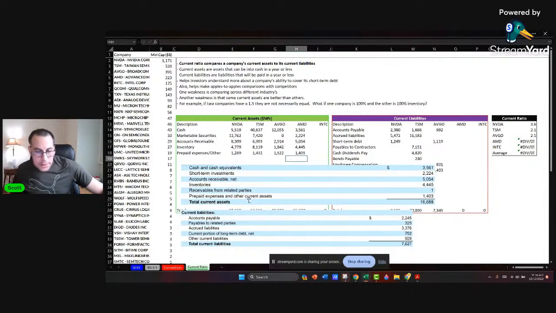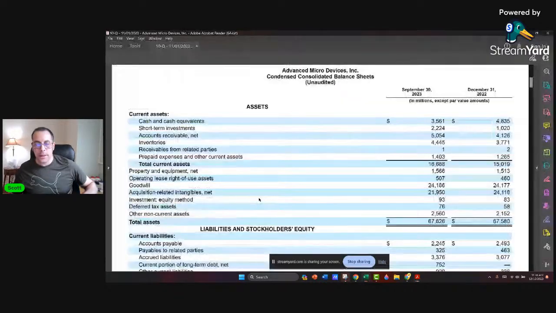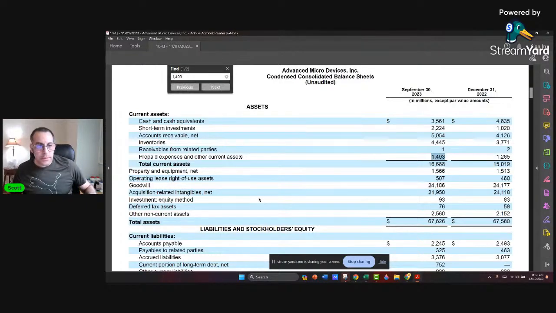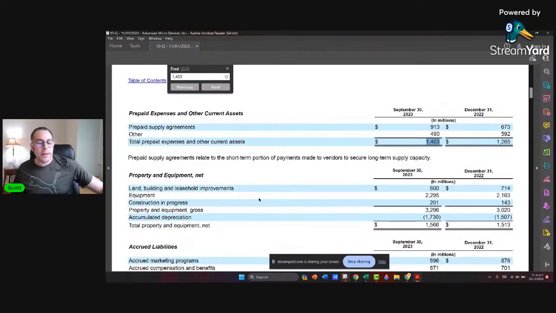Prepaid expenses and other. Let's see what that is. That's prepaid supply agreements, which relate to the short-term portion of payments made to vendors.